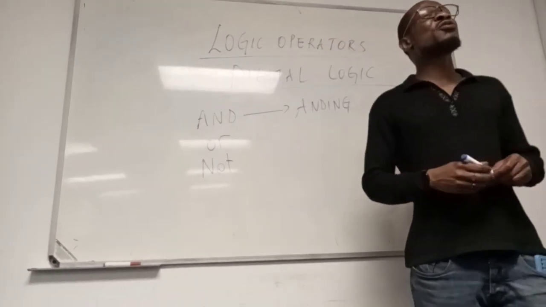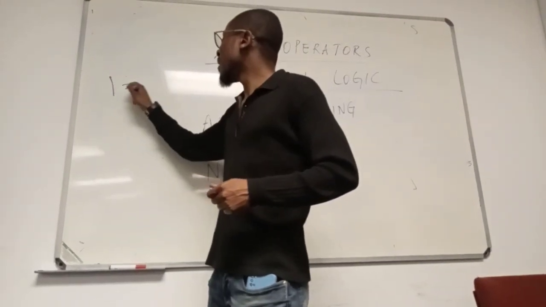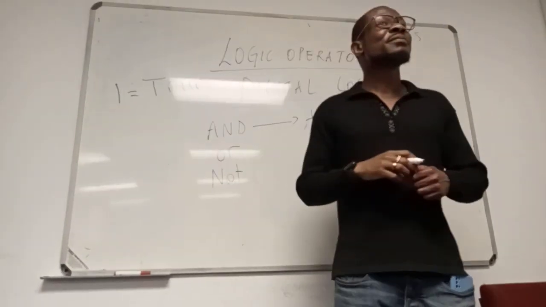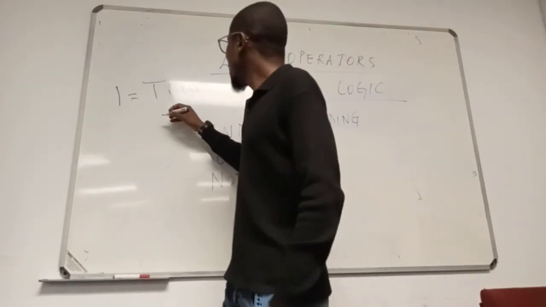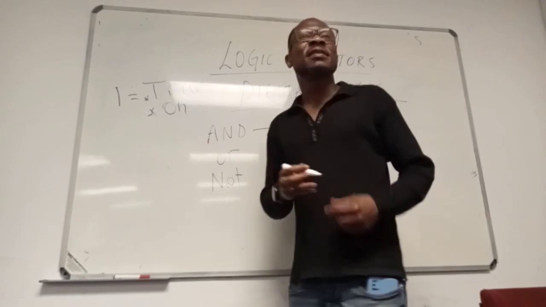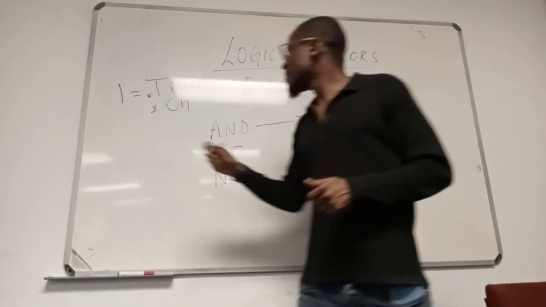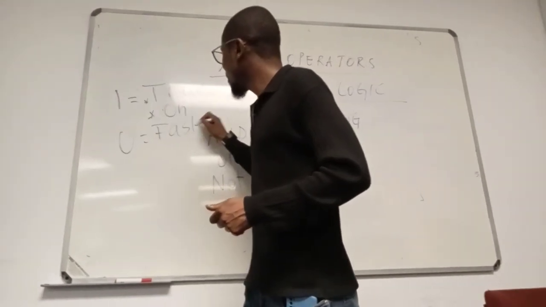First, what you need to understand is this. Wherever you see 1, it means true. It can also mean on. So when there is electricity, you can represent it by 1. 0 is false.